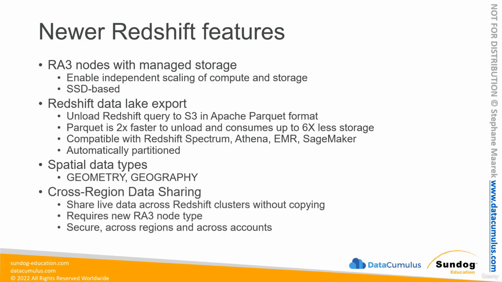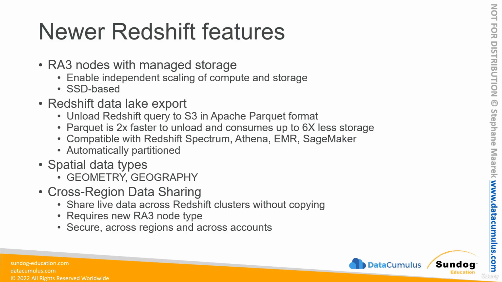And also a new feature is cross-region data sharing, new for 2022. It's sort of been evolving over time, but it's really evolving more lately. The idea here is that you can share live data across Redshift clusters without having to copy them. So we talked a lot about replicating data across different regions and different entities and how much of a pain that can be.